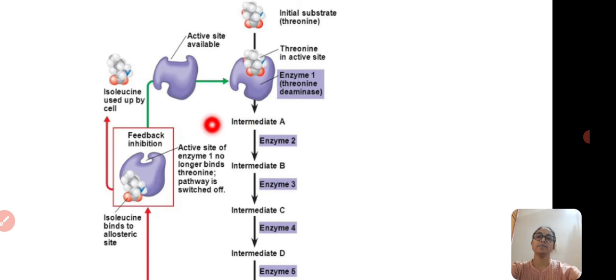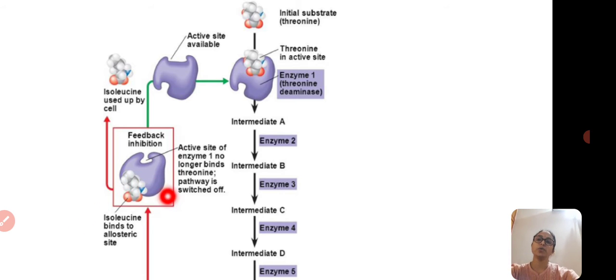That is the first one, that's why intermediate A. Then it acts upon the second enzyme, acetolactate synthase, and intermediate B is obtained, which undergoes the enzymatic reaction with the third enzyme, keto acid reductoisomerase. And again the fourth enzyme, dihydroxy acid dehydratase. And lastly, the fifth enzyme, transaminase, will convert the intermediate product to isoleucine.